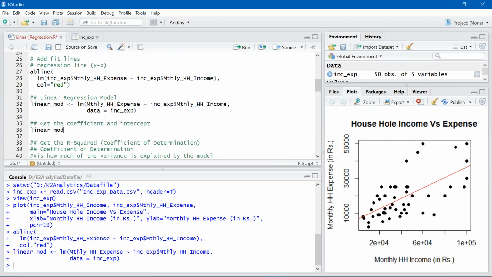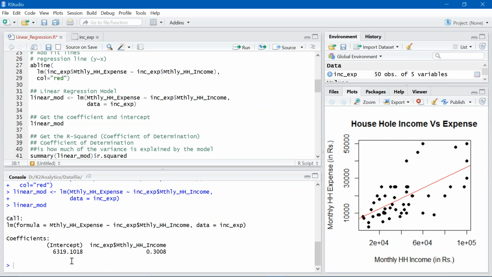Let me see what this intercept and beta coefficient are. The intercept is coming as 6319 and the beta coefficient is coming as 0.3008.